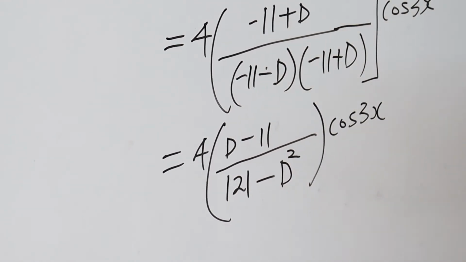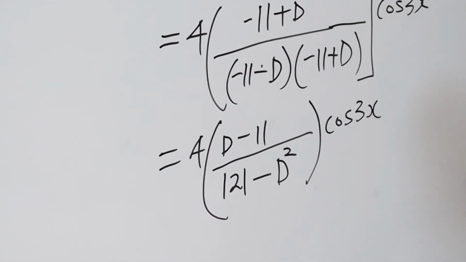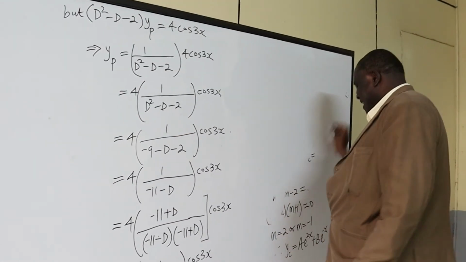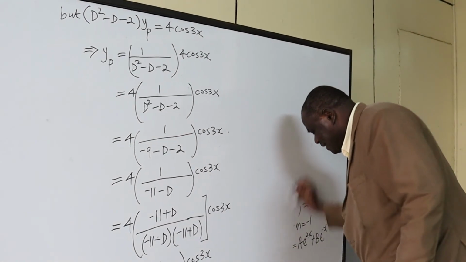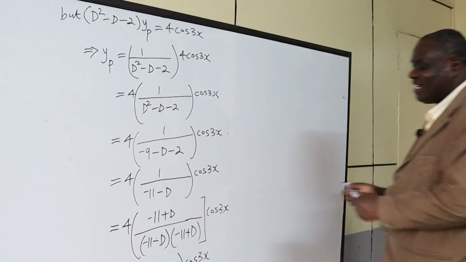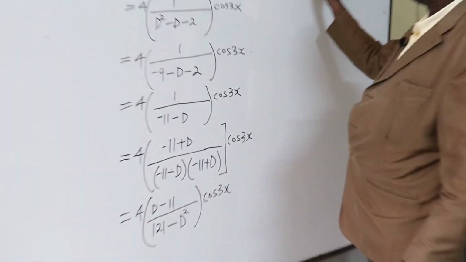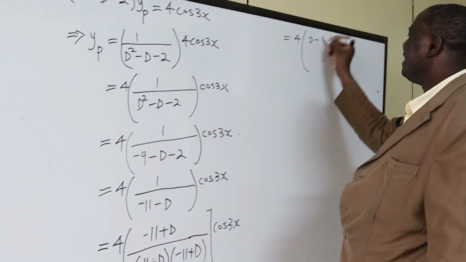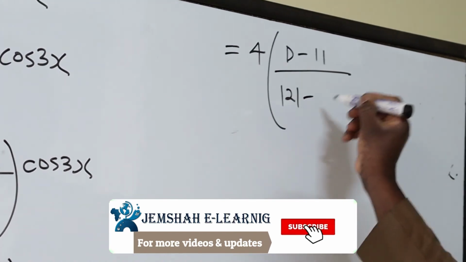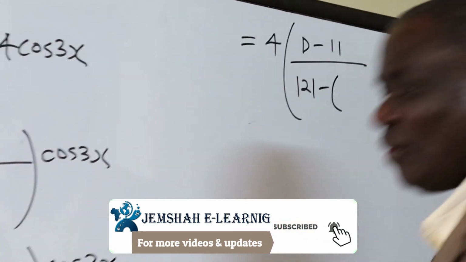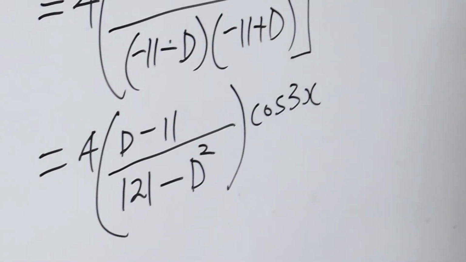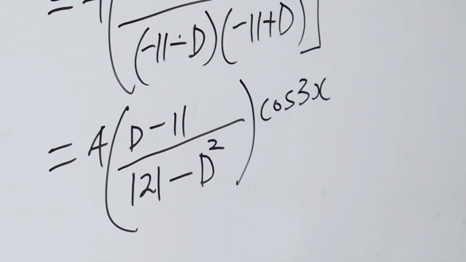Since there is another D squared which has resurfaced in our expression, we again apply theorem number 3 dealing with pure trigonometric functions, so that we can clear the D squared. So this will be equal to 4 into D minus 11 all over 121 minus, where there is D squared, we take a squared and give it a minus sign, so minus 9.